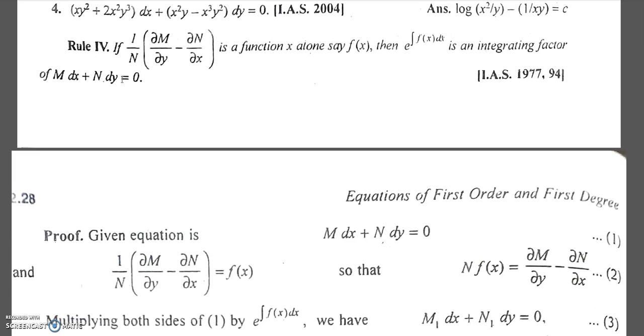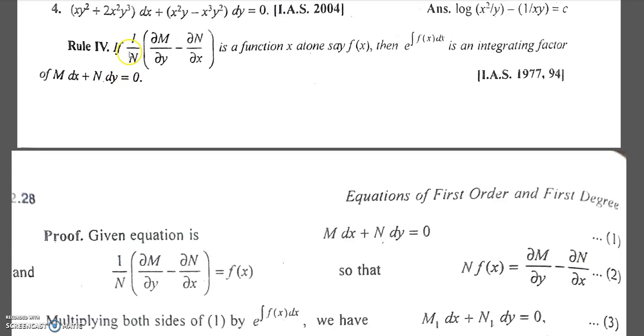So earlier, from our 3 rules, what we learned is that from the first rule, by the method of inspection we find the differential, and by the second rule 1 by (Mx plus Ny) was our integrating factor, and in rule 3, 1 by (Mx minus Ny) was our integrating factor.